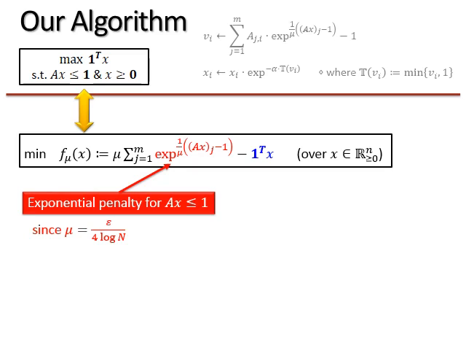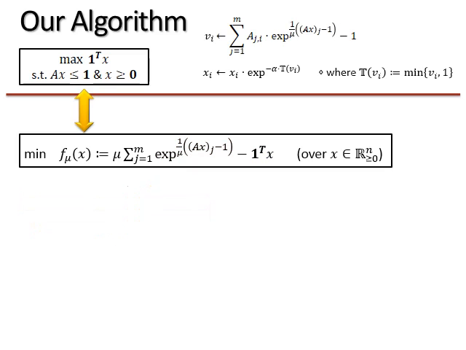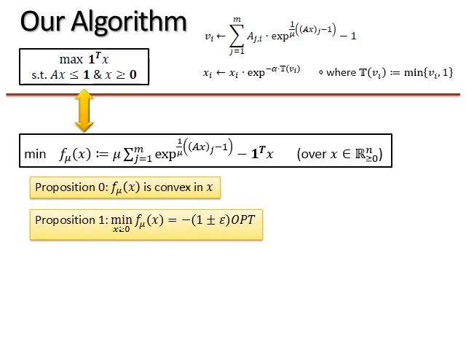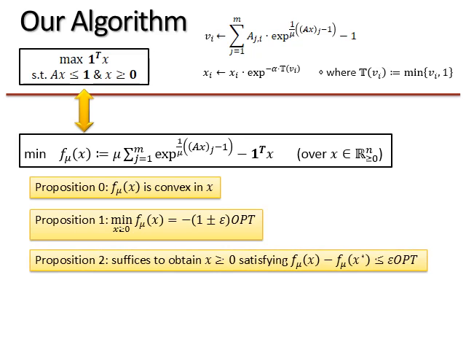Now let me state, without proof, that first of all, this function f mu is convex. Second of all, its minimizer is roughly on the magnitude of minus opt, plus or minus at most an epsilon factor. And third, from this moment on, I claim that it really suffices for us to obtain a vector x satisfying that its objective value f(x), when compared to the minimum f(x star), has a difference less than or equal to epsilon times opt.